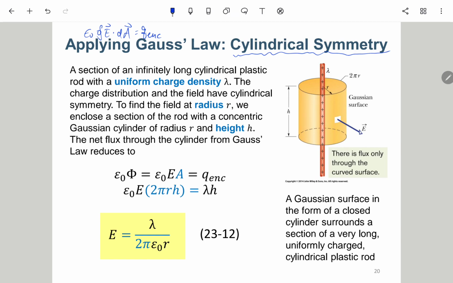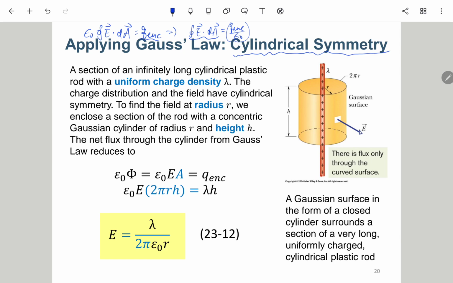In that case, if we really can know Q enclosed, then we will be able to know this integration of E dot dA equals Q enclosed over epsilon naught. Okay, so this is a known value, and actually this is an integration.